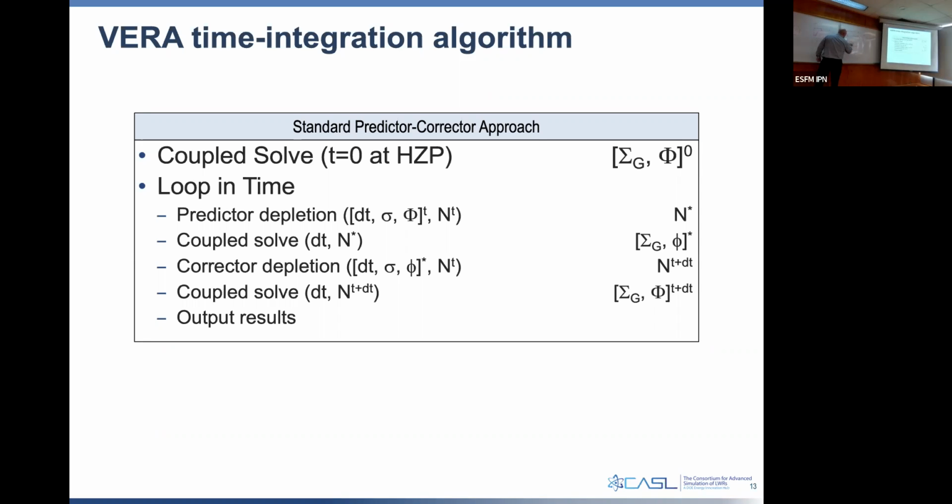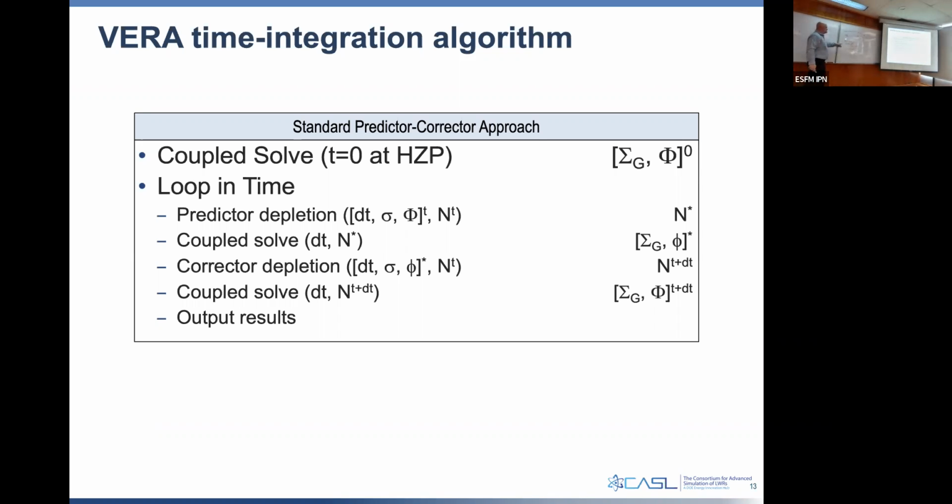So this is the predict, and this is the correct. So I resolve my time step with these values at 1 to get another update for what n is. And A, n at time equal 1, B. Then I say my true n at time equal 1 is 1/2 of NA plus NB.